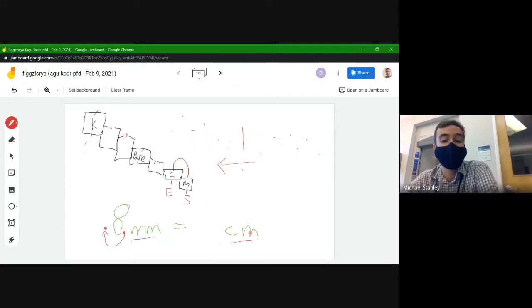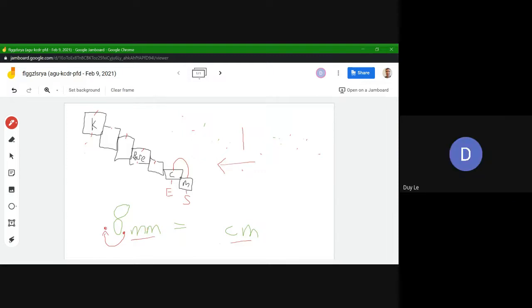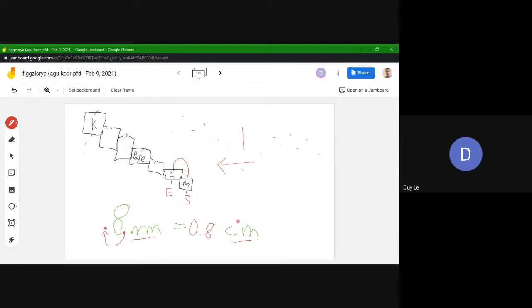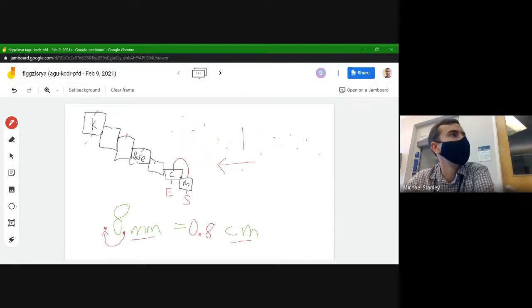So how many centimeters are 8 millimeters? 0.8. 0.8, exactly. We'll make it a little bit fancy. 0.8. So 8 millimeters, we move the decimal point 1 step to the left because on our ladder, we had to jump 1 step to the left.